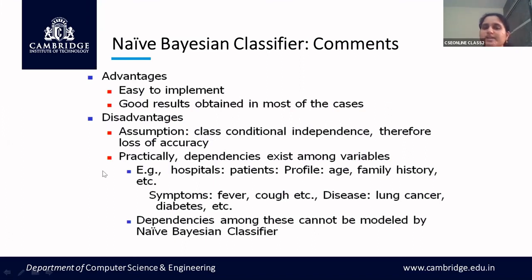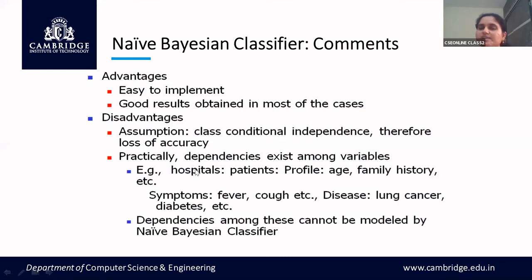So what is the disadvantage? It is dependent on conditional probability or conditional independence, so there can be a chance of getting less accuracy. And here we are trying to find the dependency between the variables. There are basically 2 types of variables, dependent variable and independent variable.